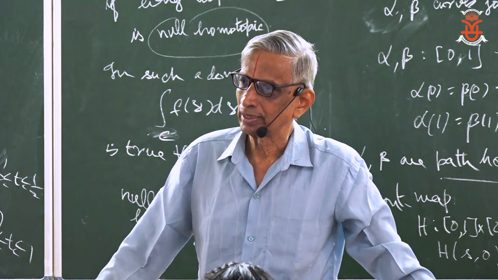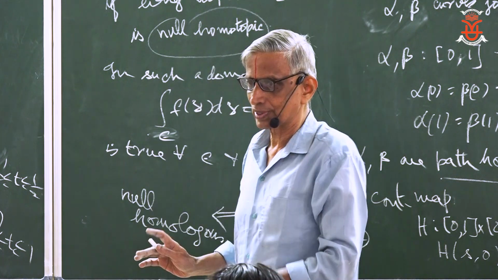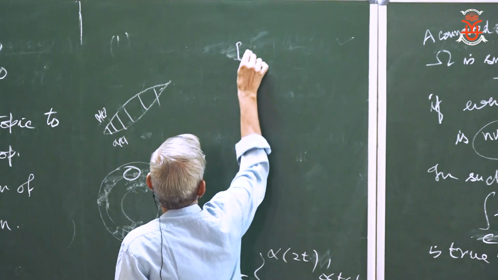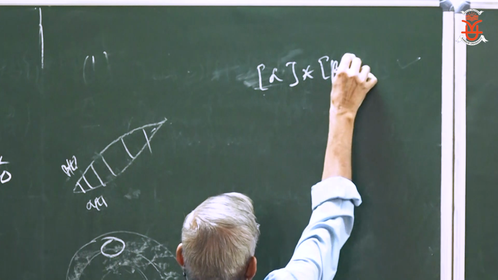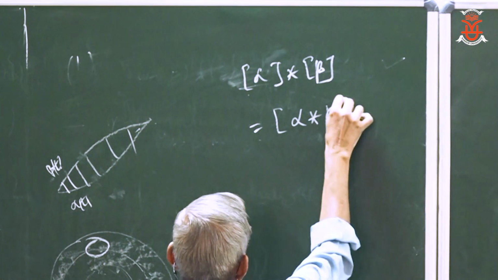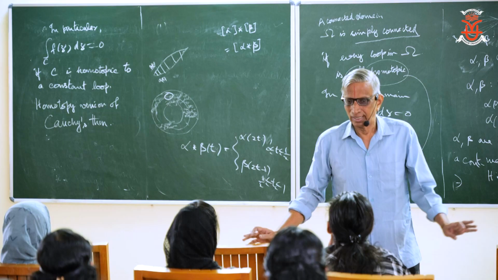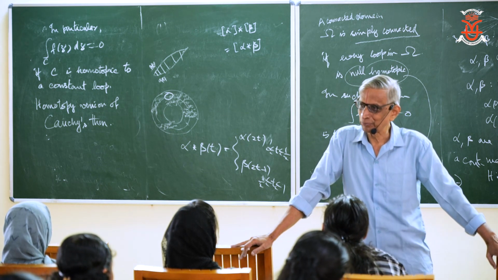So in other words, you can define a product for loops by defining the product of the equivalence class of alpha and the equivalence class of beta as the equivalence class of alpha star beta. This is well defined and satisfies the associative property.